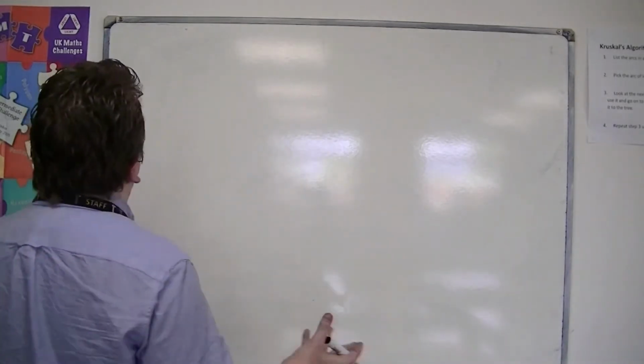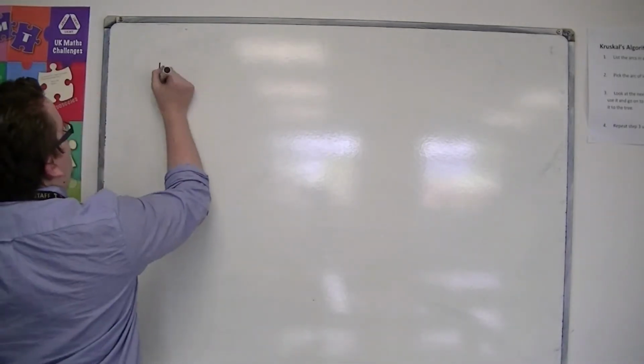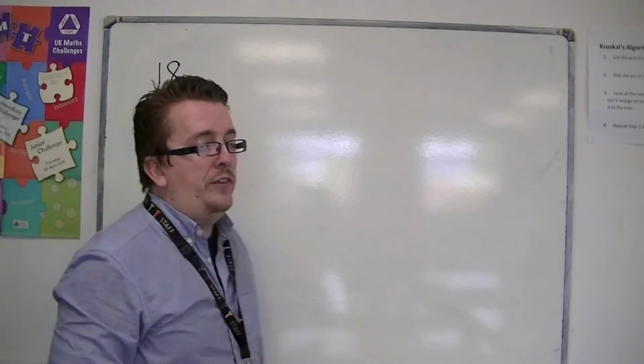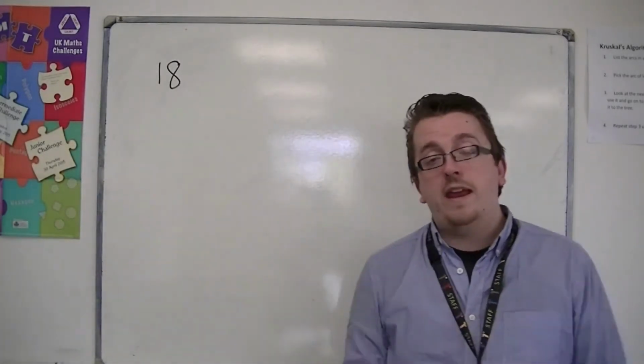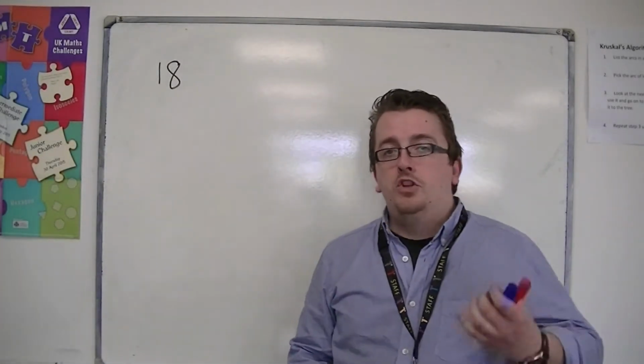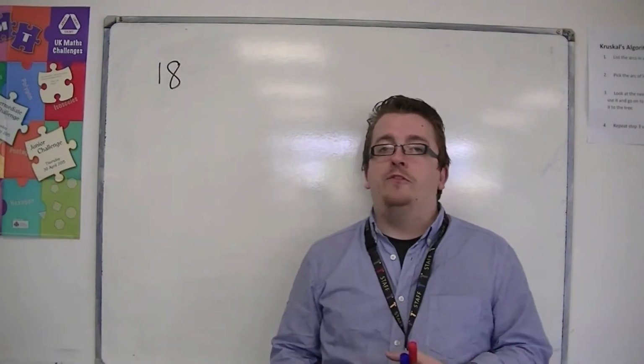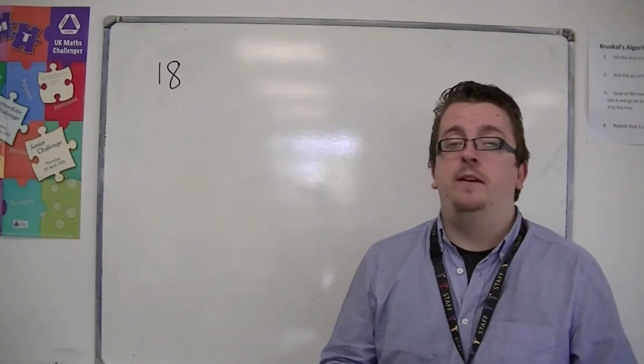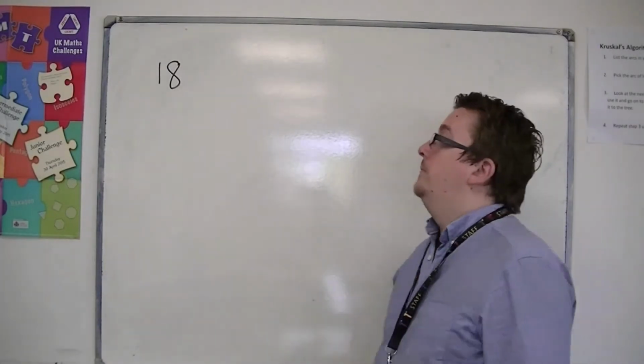So if I gave you a number, something like 18, and I said round that to the nearest 10, then the majority of you will probably be happy with the fact that, okay, that would be 20. The closest 10 is 20.